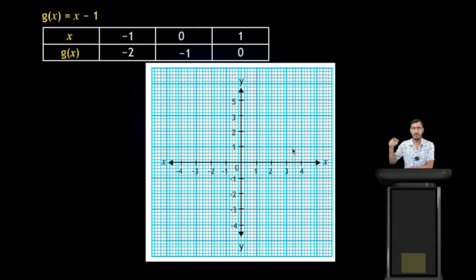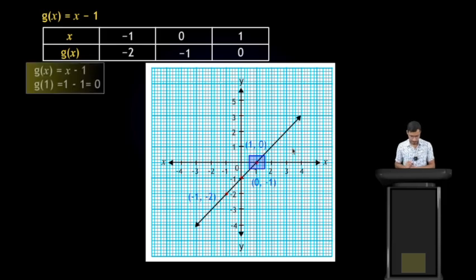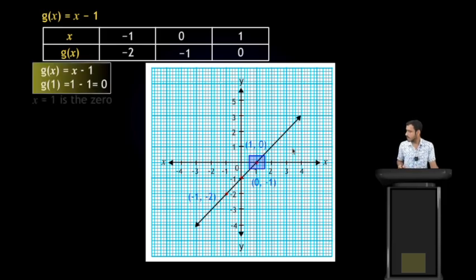The graphical representation is here: the point is minus 1 and minus 2; for 0, the x-axis is 0 and the y-axis is minus 1. You can see the line is a straight line. So it's the graphical representation of x minus 1.